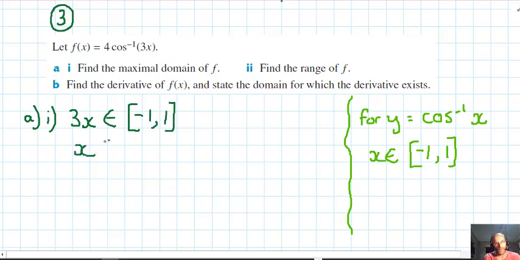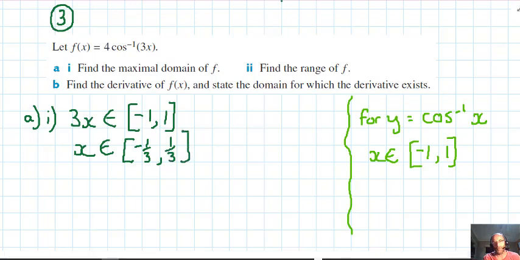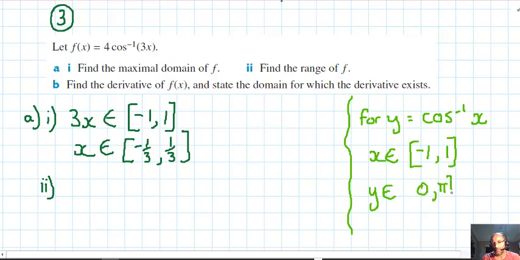So that would mean that x would be an element of the set negative 1/3 up to 1/3. Okay, and that's the maximal domain of the function f. Now going over into our thinking corner again in the lighter green, we know that the range for generic inverse cos of x is from 0 to pi.